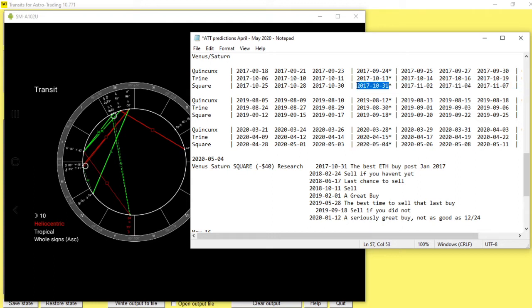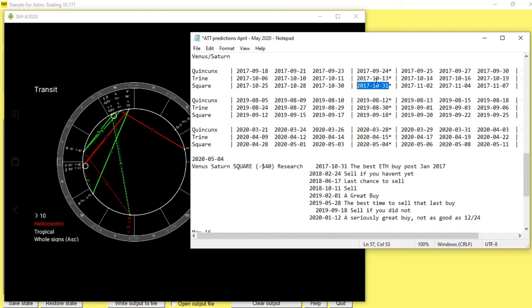This is an interesting day that you definitely would have wanted to know about if you were into buying cryptos before. The reason I'm doing this all around cryptos is because I think that's really where we're looking for our value right now, in disruptive assets with Uranus and Taurus there.